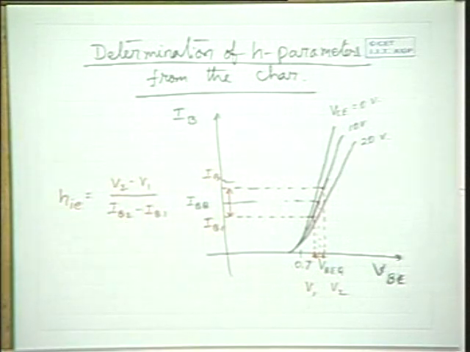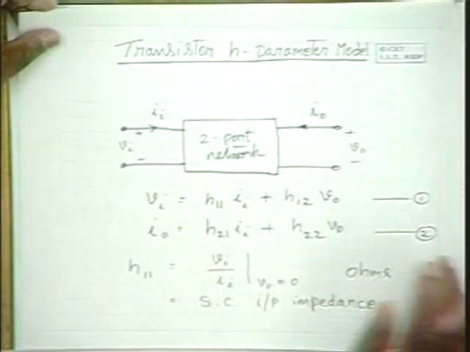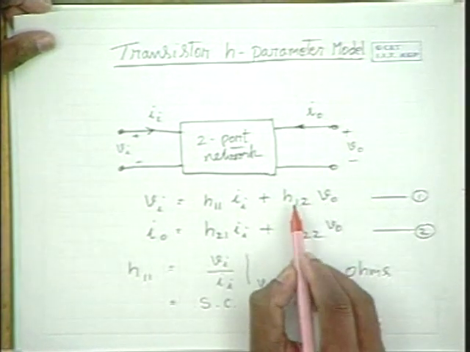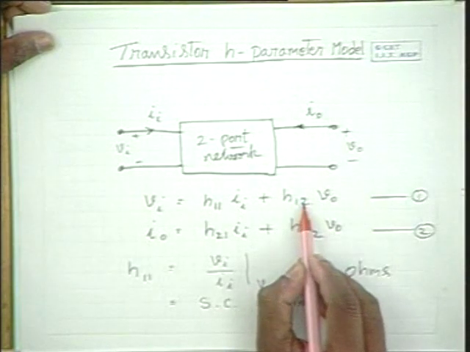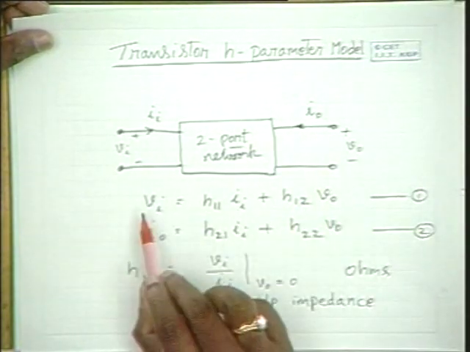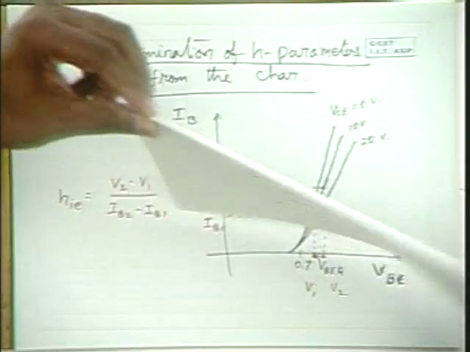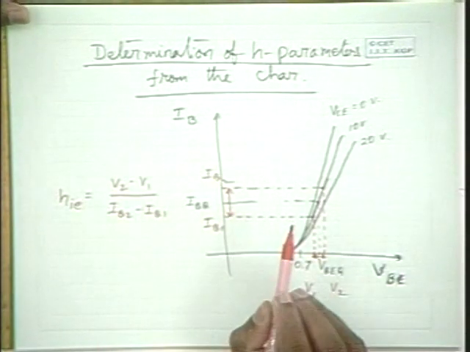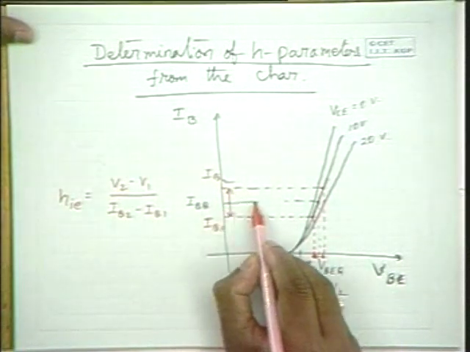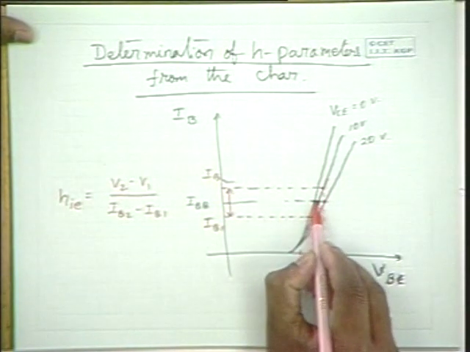Now, how do you get the other parameter HRE? It is the input voltage to output voltage ratio when the input current is 0. When the input AC current is 0, it means the input is maintained at the quiescent value itself.